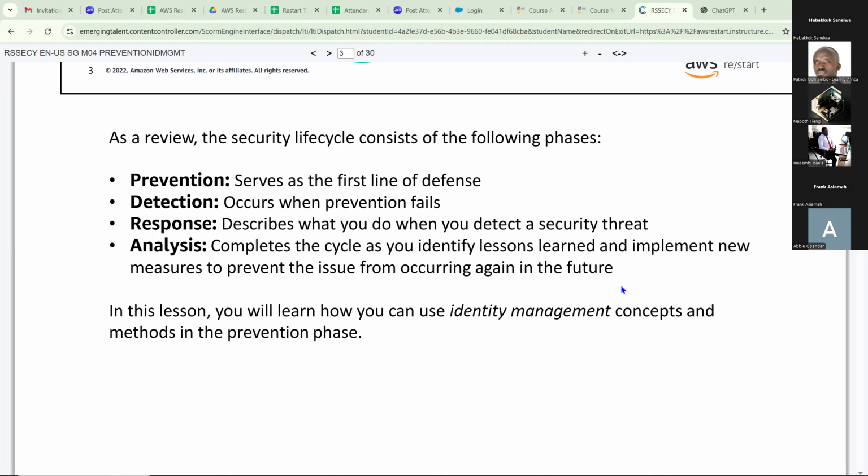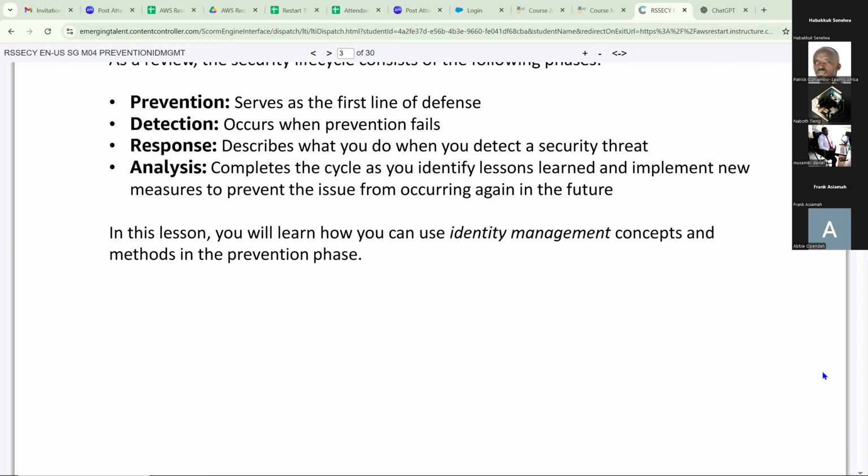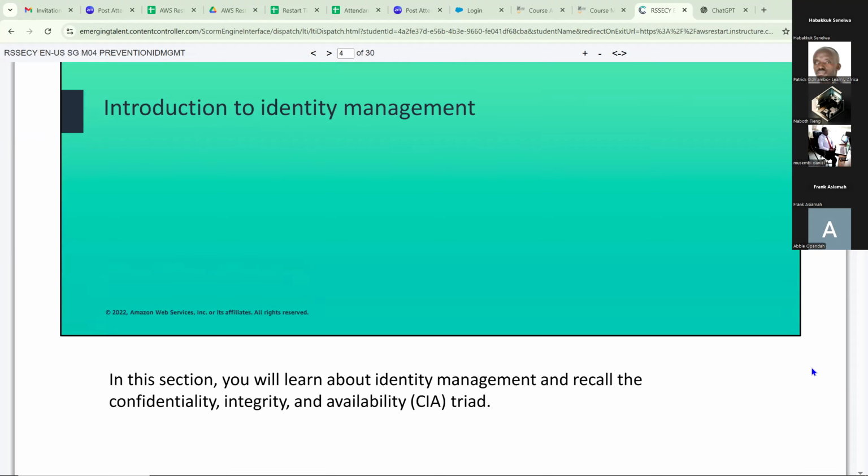How do you respond? You respond by fixing that breach on your fence. And then analysis means that you make sure that any other part, apart from that breach, any other part of your fence is properly hardened to make sure that thieves do not penetrate and come into your compound and cause you harm or steal your stuff. You understand? So that's what I would say about those cycles.